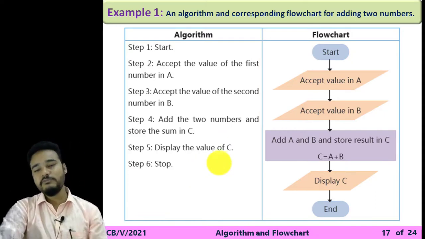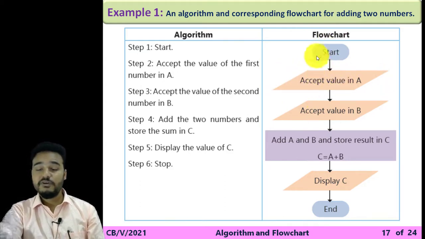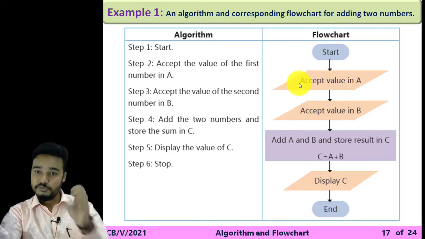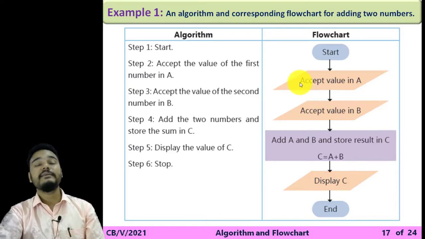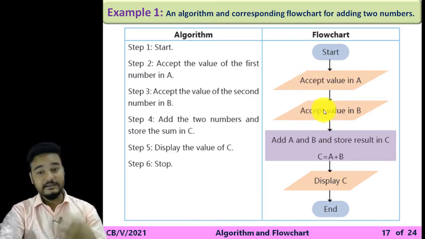So the same we will be converting into a flowchart. Here, first the ellipse is used for showing the start. Then the parallelogram means input: accept value in A. Another is accept value in B, that is also input.